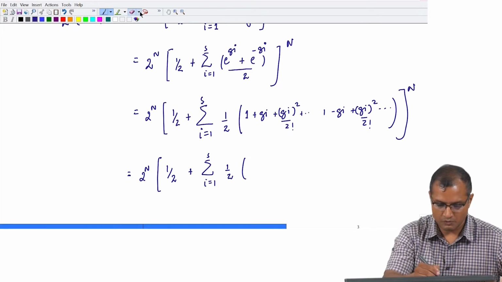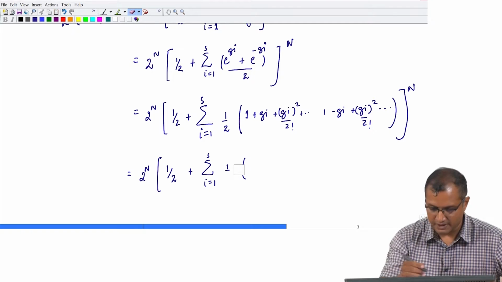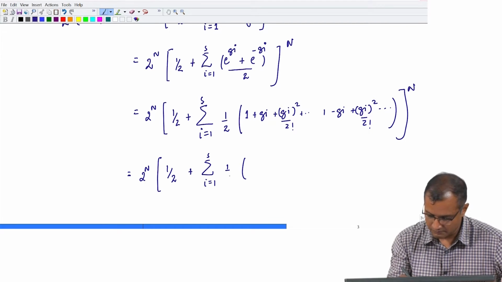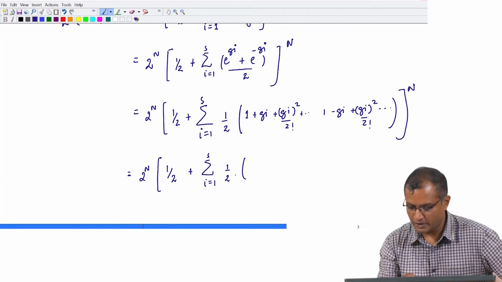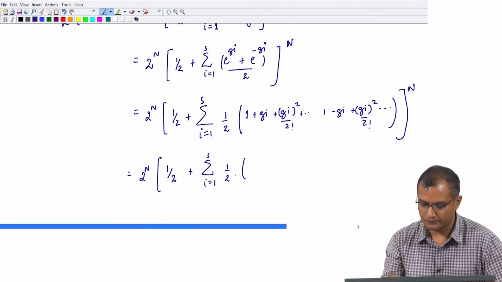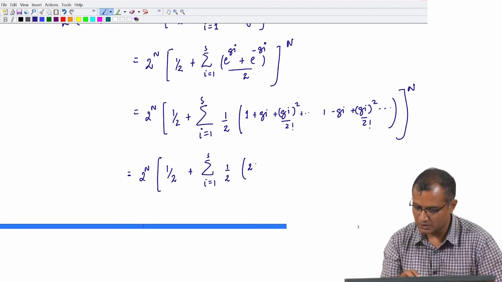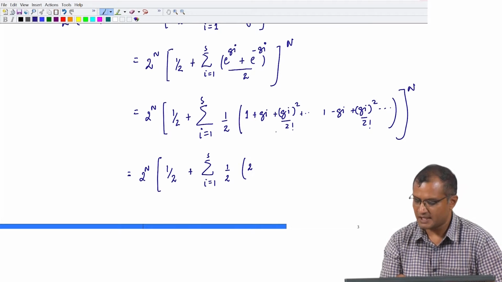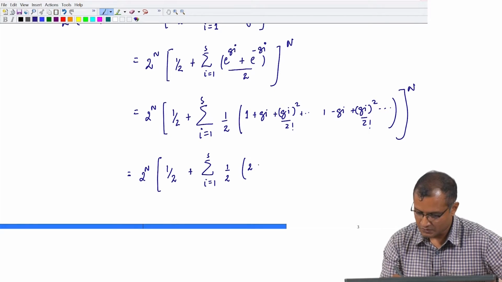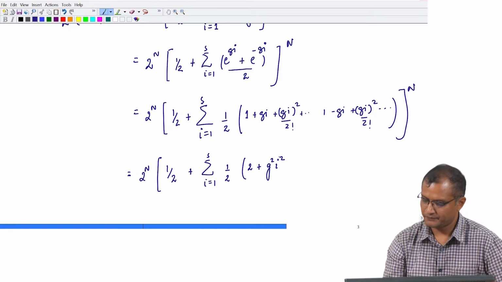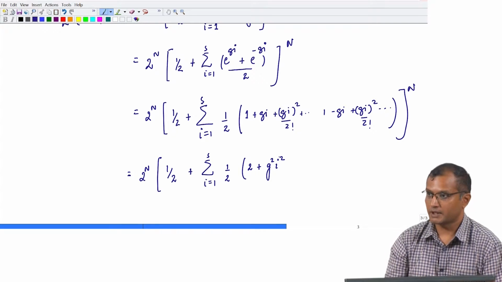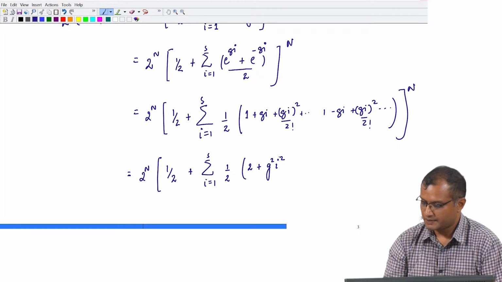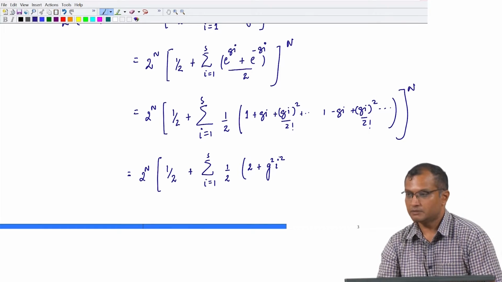This is 2, do not confuse it for anything else. So, I am going to add 1 and 1, okay, that is going to give me 2, plus I am going to add g i square. So, that is going to give me g square i square, because there is a factorial 2 in the denominator.